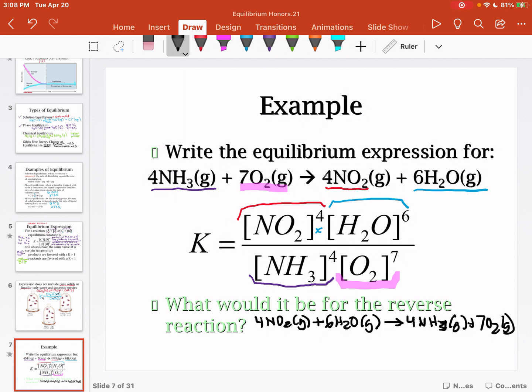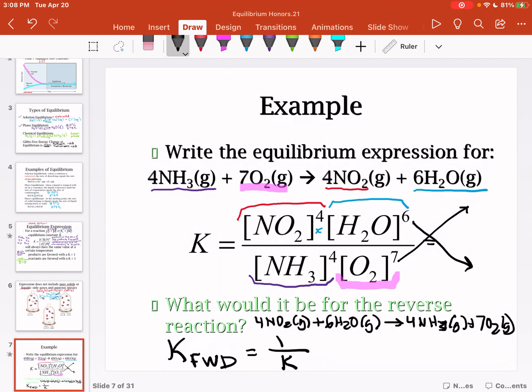Well, you can probably imagine it just as well as I can. Instead of NH3 and O2 being in the denominator, they would now be in the numerator. And instead of NO2 and H2O being in the numerator, they would now be in the denominator. So what does that mean? If I have K for any given forward reaction, I'm going to have inverse K for the reverse reaction. If you recall, back in the day, we did Hess's law.